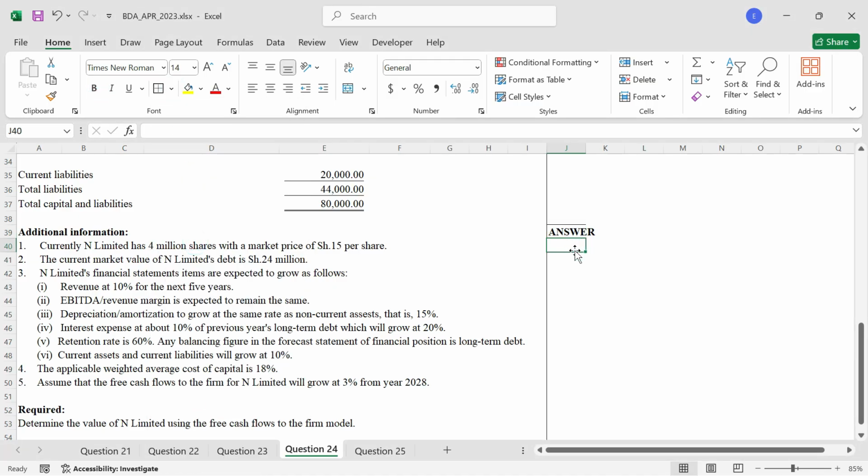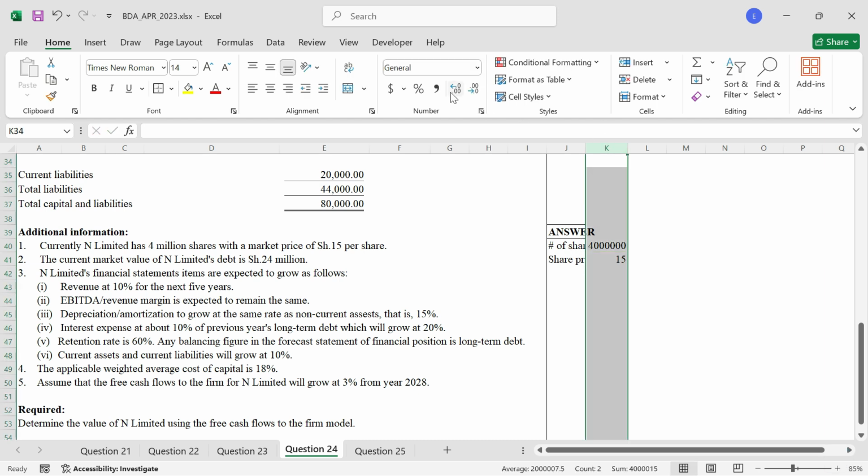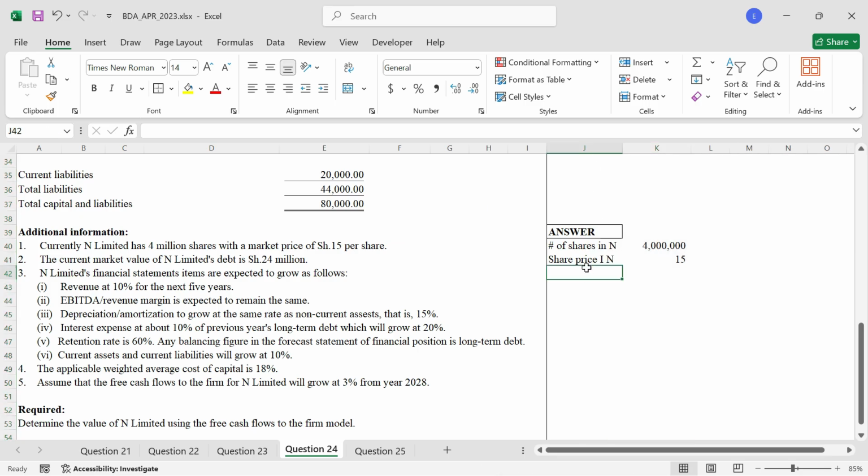I have the number of shares in N being 4 million, and the share price in N being 15. I'm also told the current market value of N Limited's debt is 24 million, so the value of debt in N is 24 million.